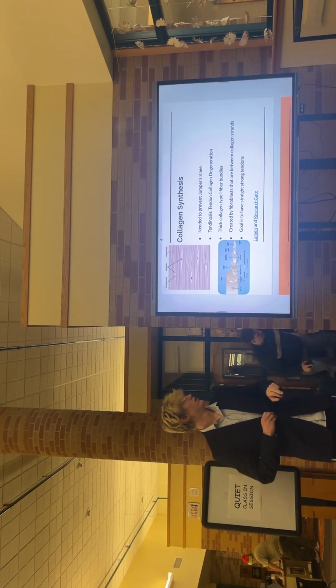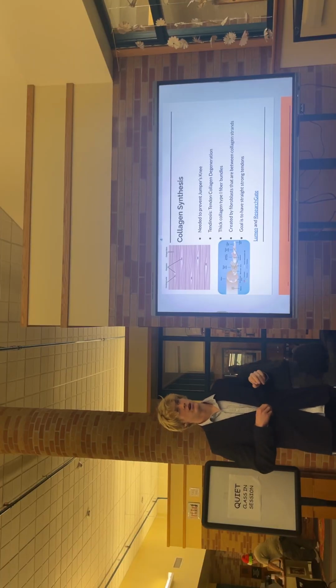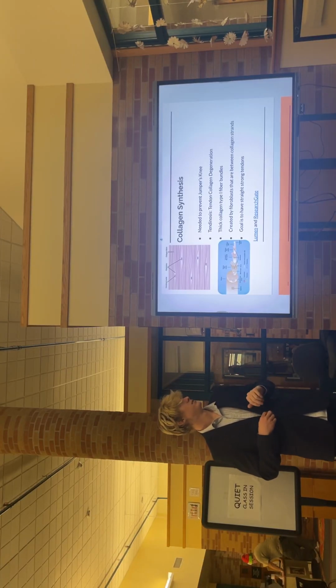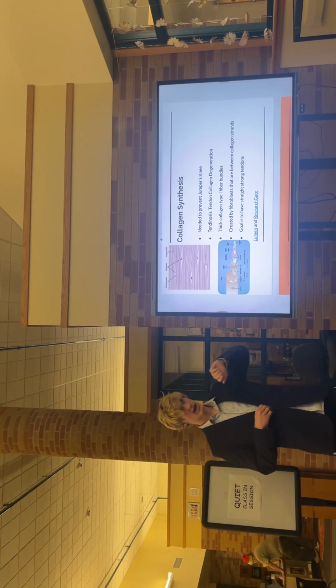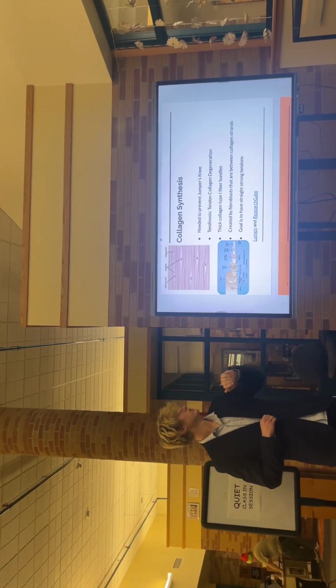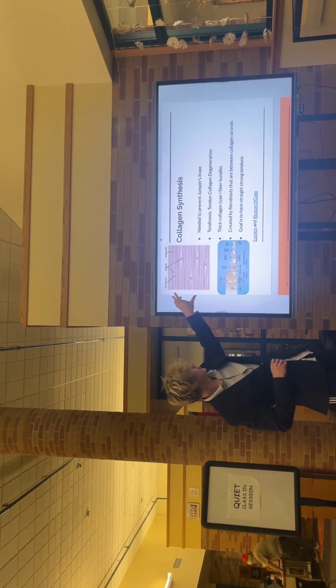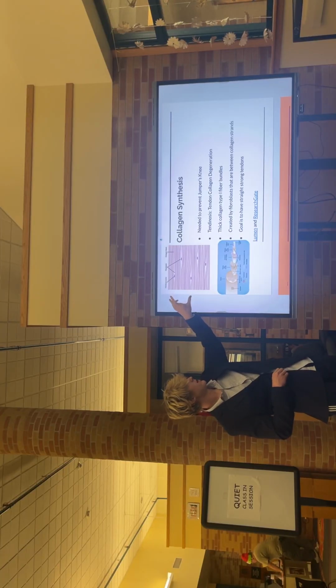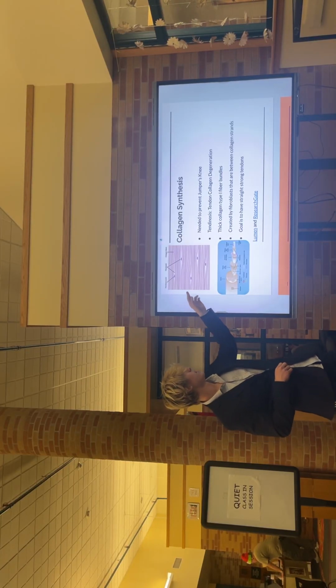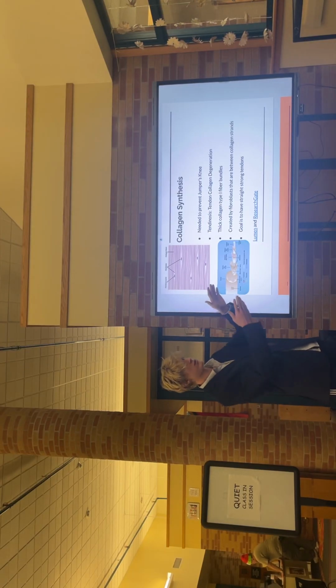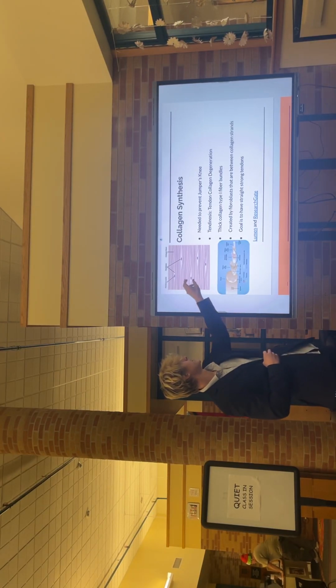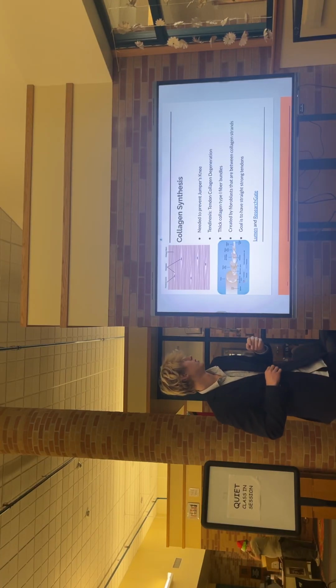Collagen synthesis. The reason tendinosis will happen is that the collagen in the tendon will degenerate. Here's a diagram of what a healthy tendon should look like. You have collagen fibers going parallel with each other, and then you have fibroblasts, which will create more fibers.